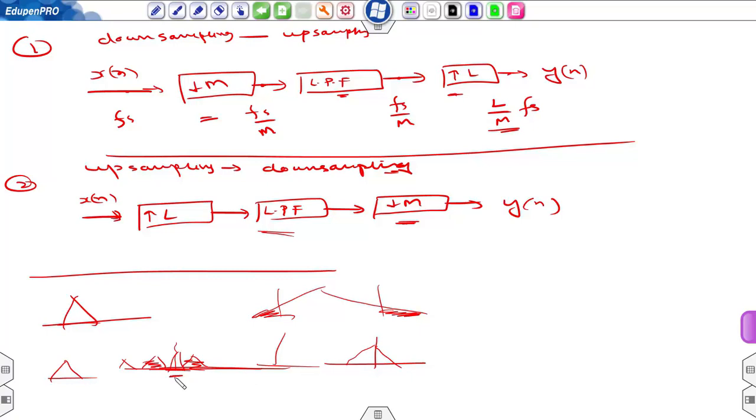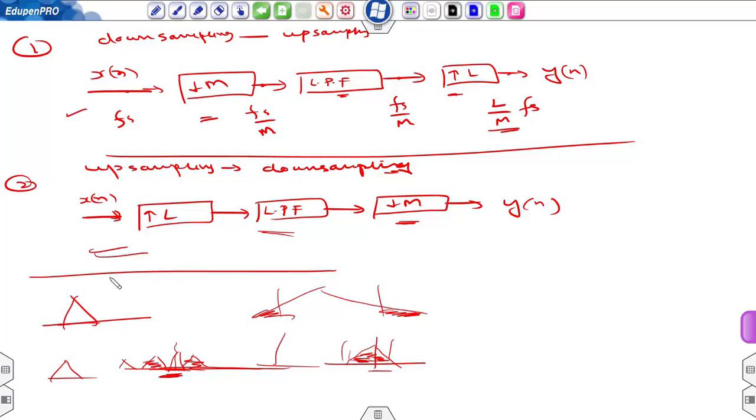It is already compressed, then it will spread in this case. So the chances of information loss are less because we have already shrunk it first, then we are spreading it.